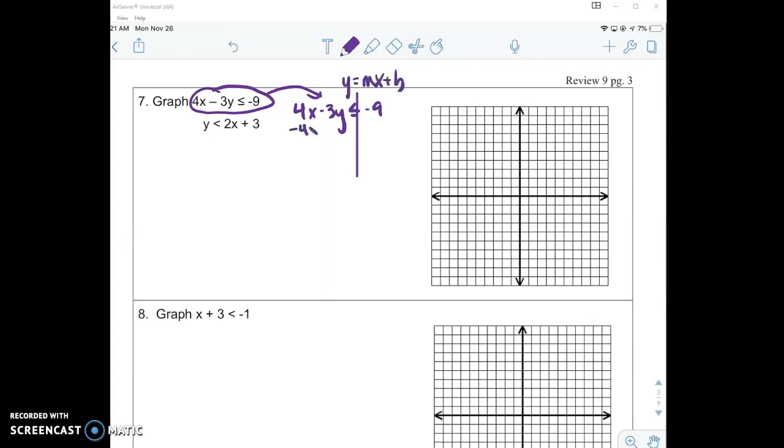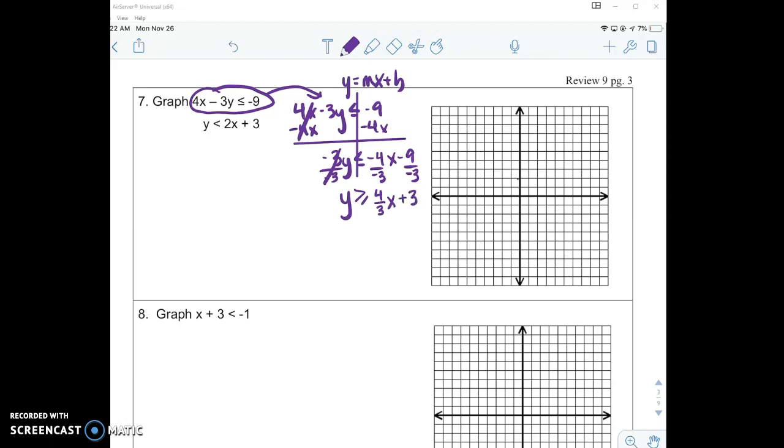So I'm going to start by subtracting 4x on both sides. And I get negative 3y is less than or equal to negative 4x minus 9. Next, I divide everything by negative 3, but be careful, because remember, when we divide by negative 3, we have to flip that inequality. Negative 4 divided by negative 3 simplifies to positive 4 over 3 x. Negative 9 divided by negative 3 is positive 3.